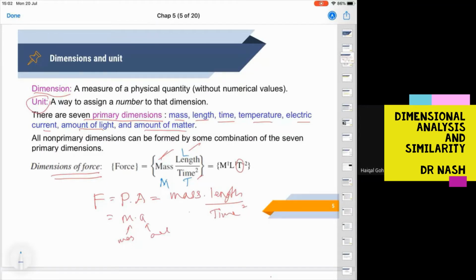L also 1, only one unit. I don't have to explain in detail about this, right? Time has power of 2, so T minus 2 because it sits at the bottom. Okay.